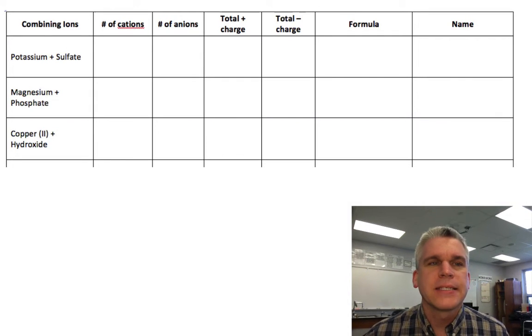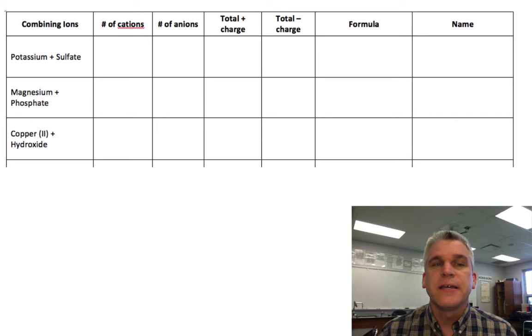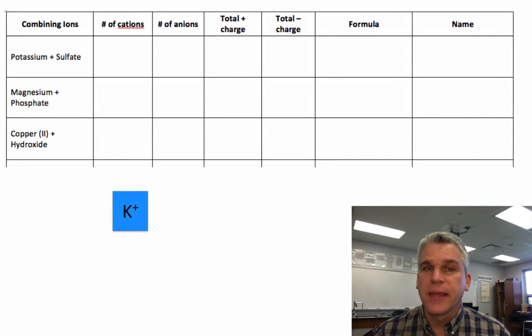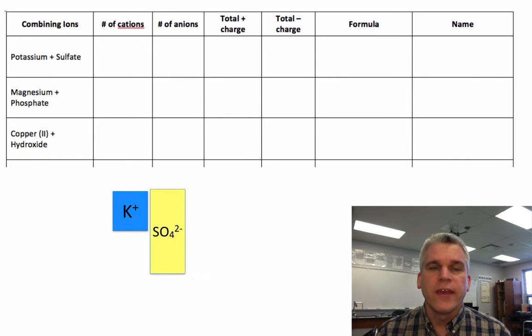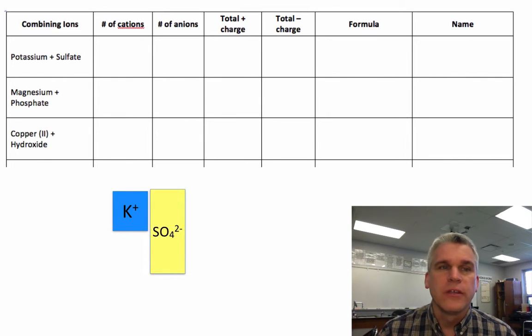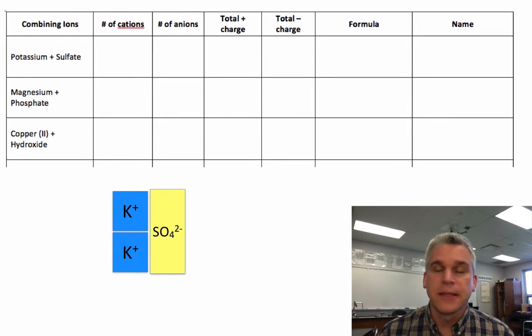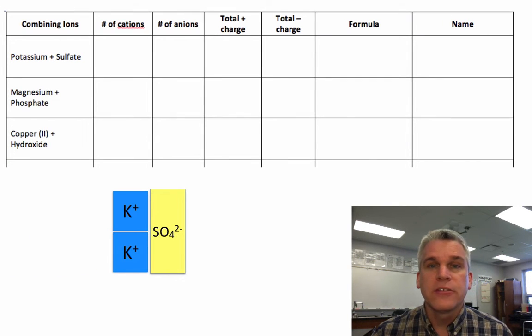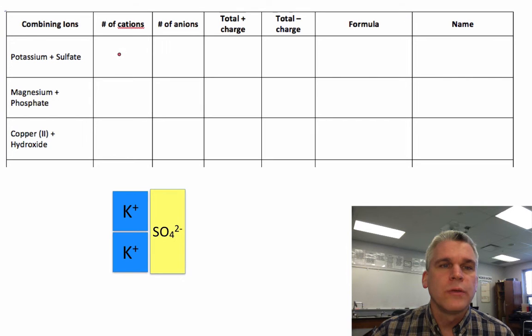Let's take a look on the back side. We're going to add potassium and sulfate. So this is a polyatomic ion. So we find potassium, that's K+. Sulfate is SO4, that's 2 negative. They don't equal. So that means we need another potassium. So how many cations do we have? We have 2 cations, only 1 anion. The total positive charge is 2 plus.